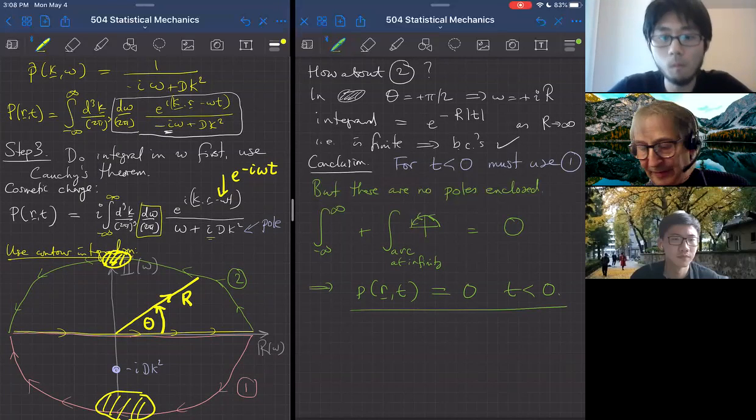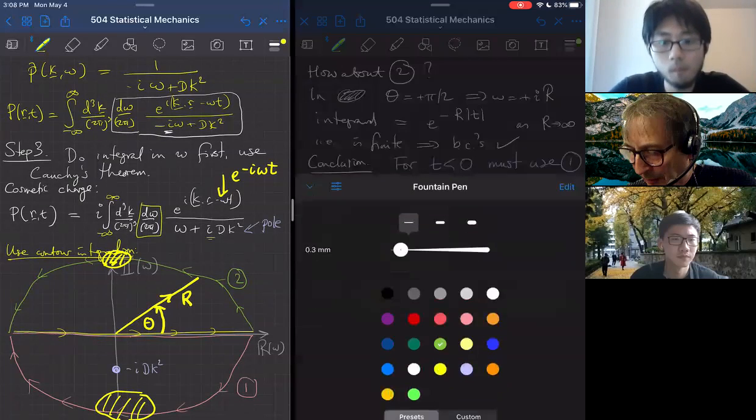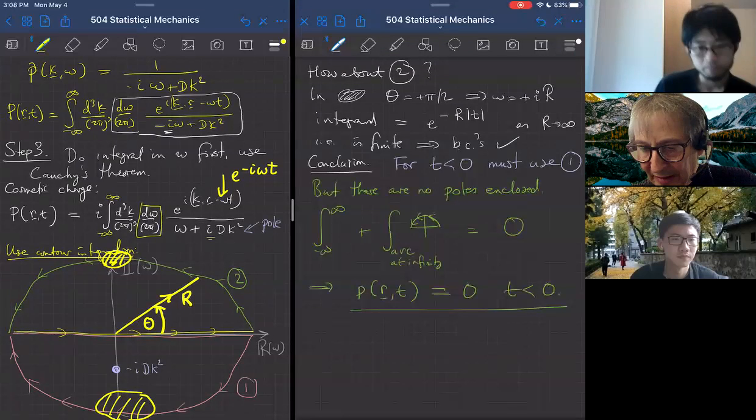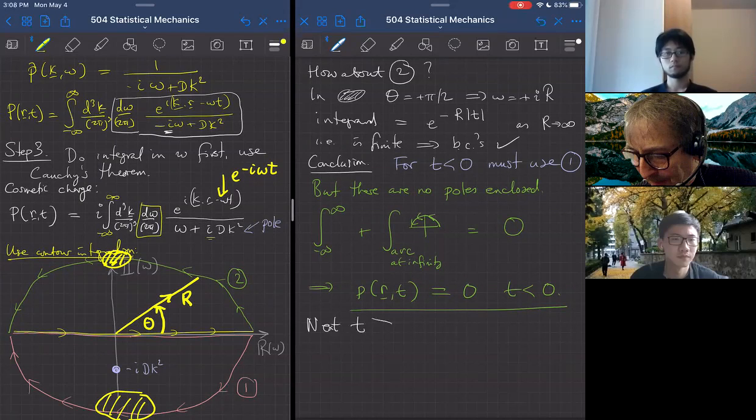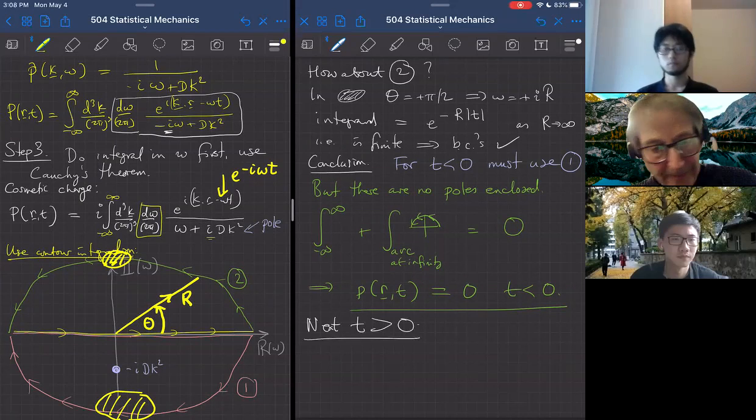Okay, so now let's do this for T greater than 0. So what happens when T is greater than 0?